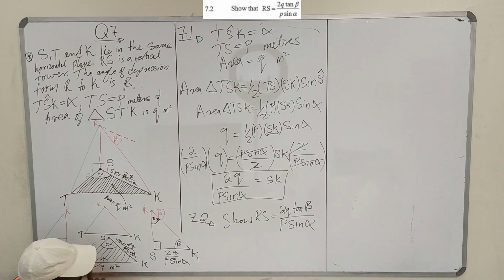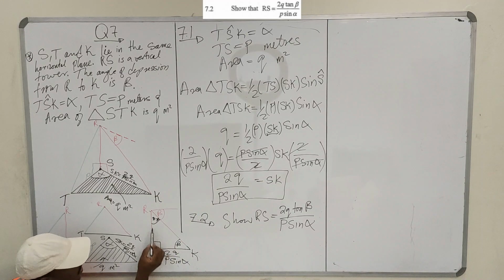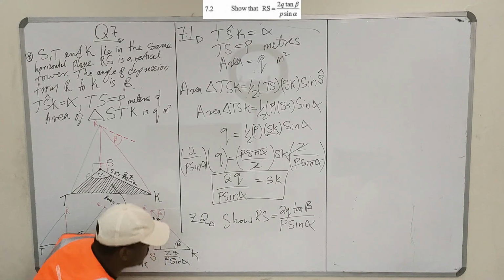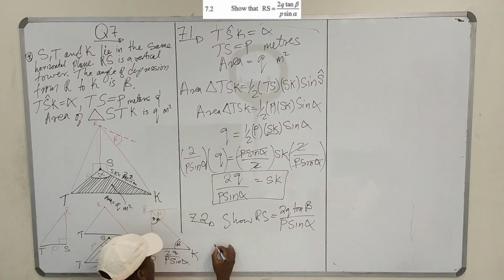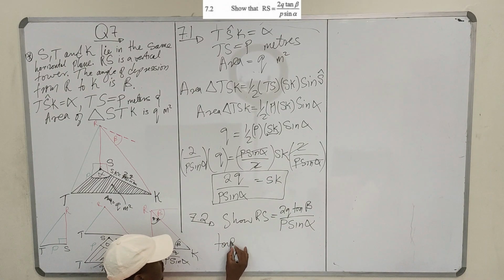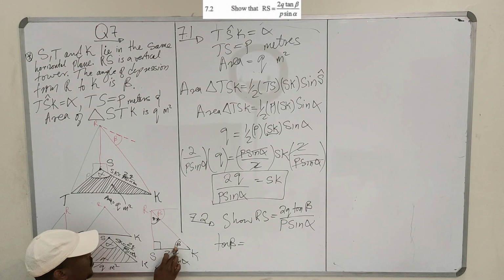So you want RS. Where is RS? RS is this vertical distance over here, right? So you have the adjacent side, you have the angle, you want the opposite side. That's the tangent. So you can say that the tangent of beta is equal to what?